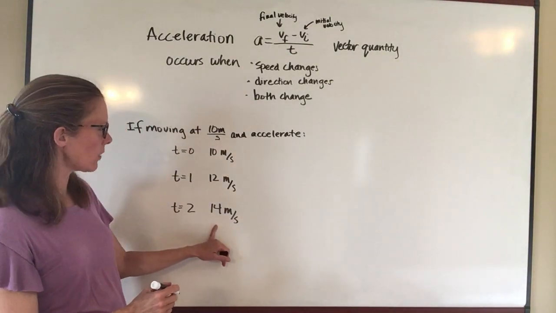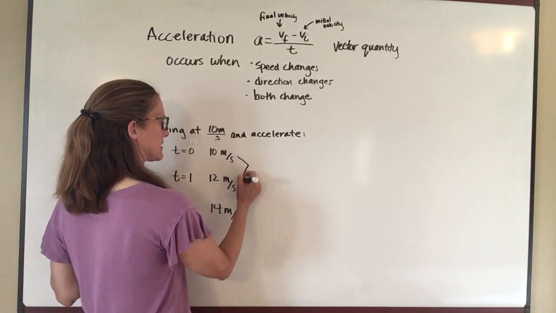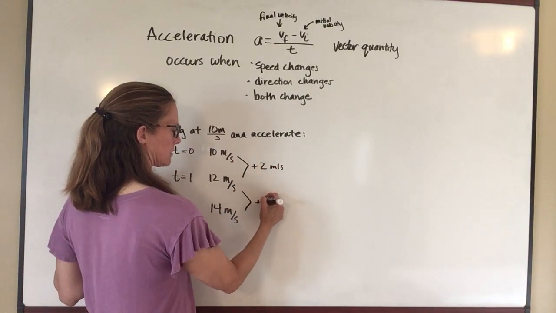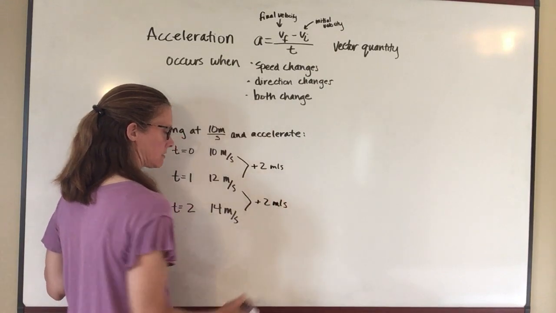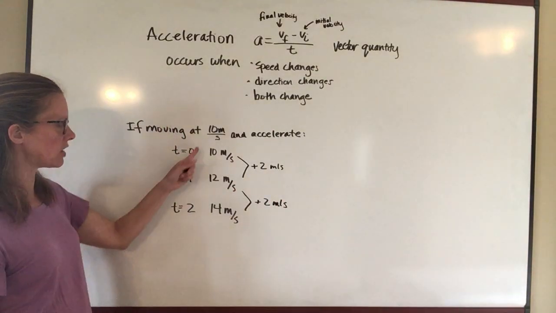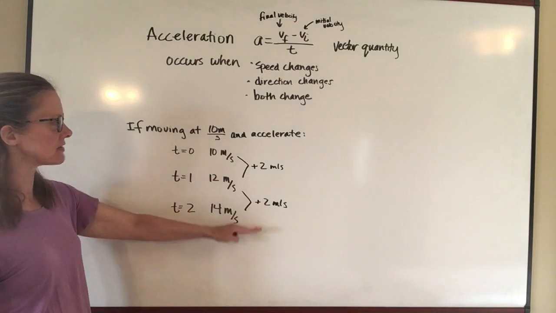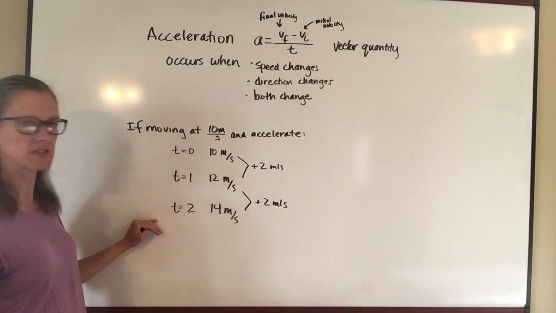Well, you can see that what's happening here is that every second I've gained 2 meters per second in my speed. Right? I gained 2 from 10 to 12. I gained 2 more from 12 to 14. So I am accelerating and I am going up in speed.